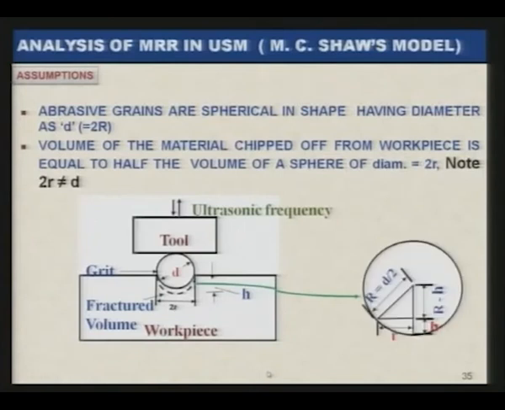The figure indicates clearly that capital R is equal to d by 2, where small d is the diameter of the abrasive grit, and at the bottom you can see small r is the radius of the hemisphere of the fractured volume of the material. And h is the penetration to which the abrasive particle is penetrating inside the workpiece surface, and capital R minus h is the remaining arm of this figure shown over here. It will be utilized for the calculation in the following slide.